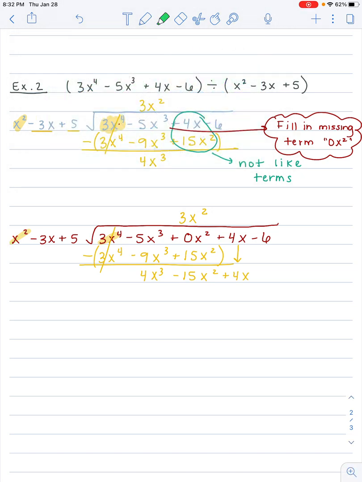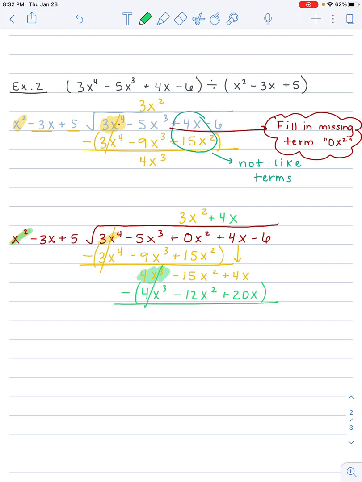Let's start the process over again. We're going to match x squared to 4x cubed. I can make those look the same by multiplying it by 4x. 4x times x squared is 4x cubed. 4x times negative 3x is negative 12x squared. 4x times 5 is 20x.